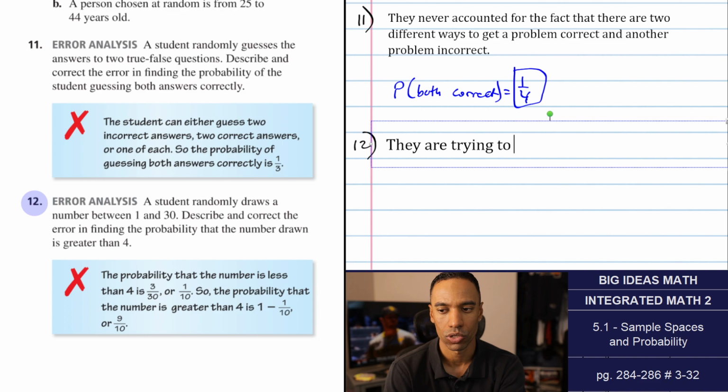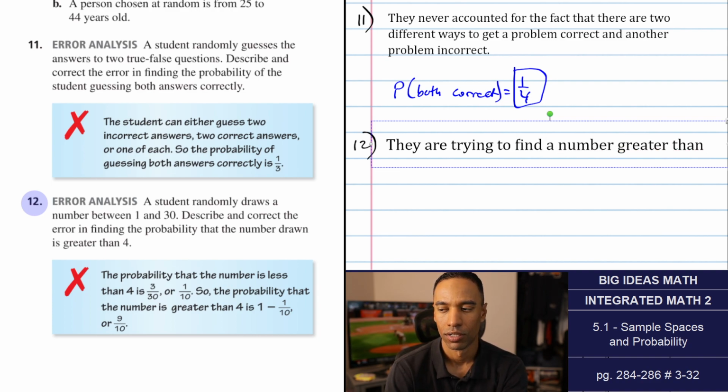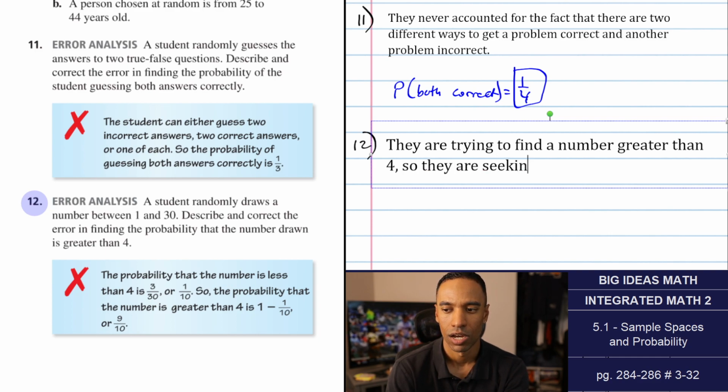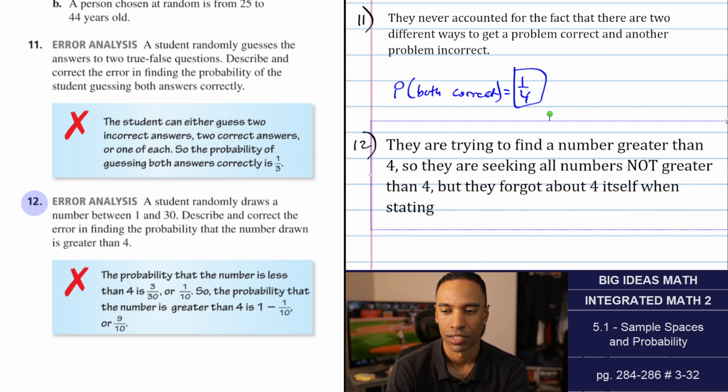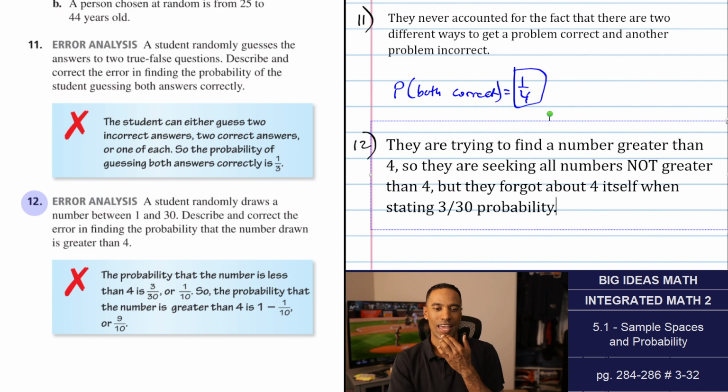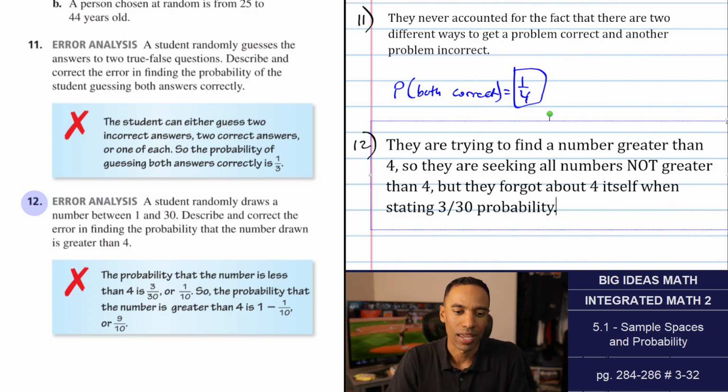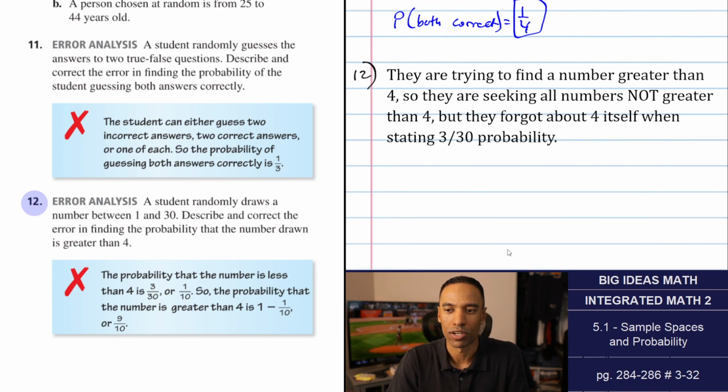They are trying to find a number greater than 4, so they are seeking all numbers not greater than 4, but they forgot about 4 itself when stating 3 out of 30 probability. See, the thing is, they said the probability the number is less than 4. We don't want to do less than 4.